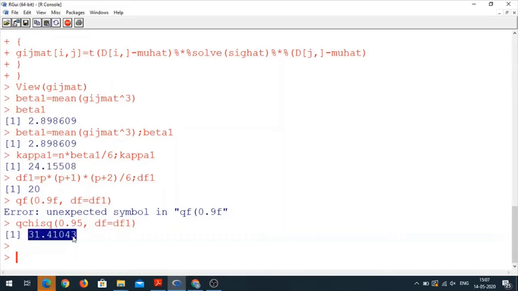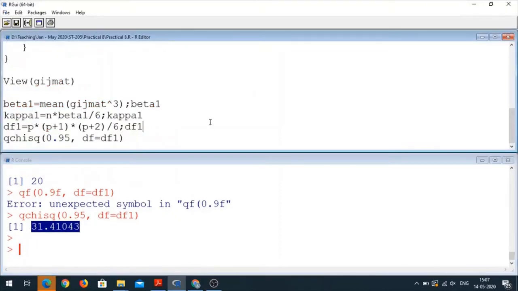Tabulated value is 31.41. So we are going to accept our H0, and our H0 is the distribution is multivariate normal. So we are going to conclude, at least on the basis of this test, that the first, that is Setosa species, has 4-variate normal distribution. Okay. So this is fine.